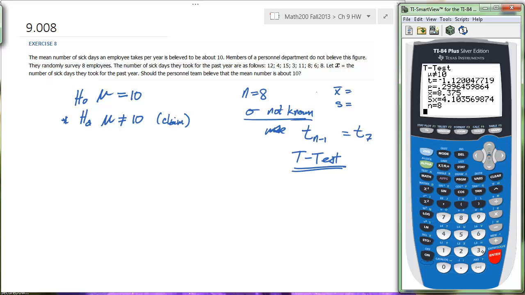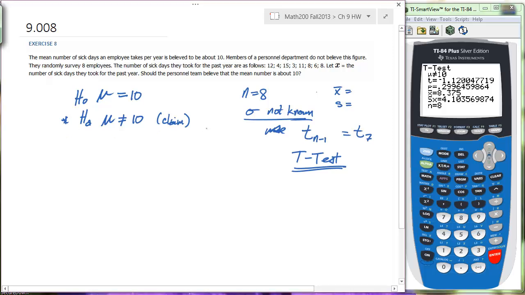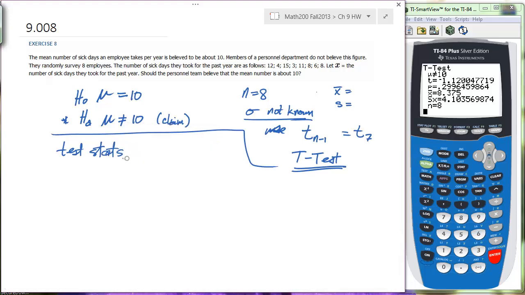Okay, we get some pieces of information that would be good for our problem. To note our test statistic, since it is a t-distribution, we have our test statistic given as a t, so t is equal to negative 1.12.